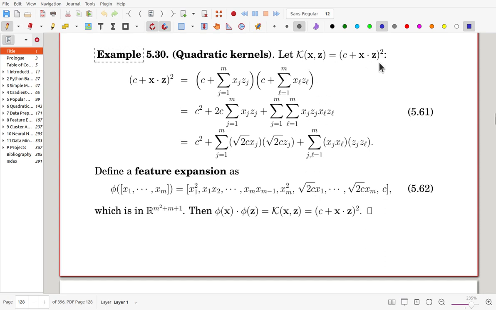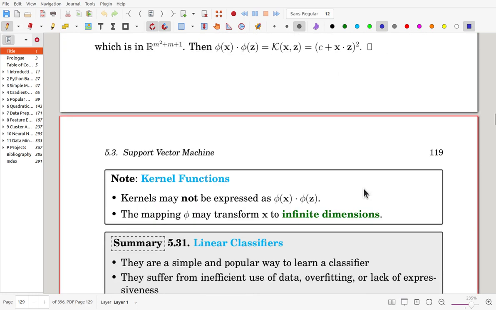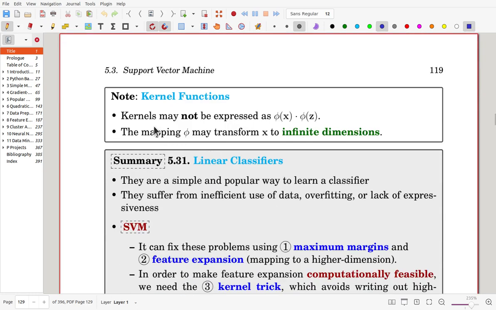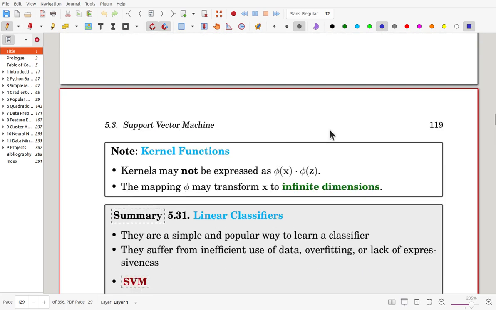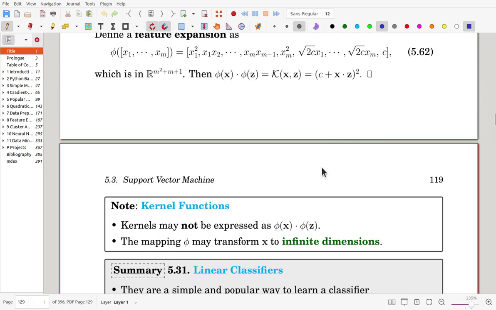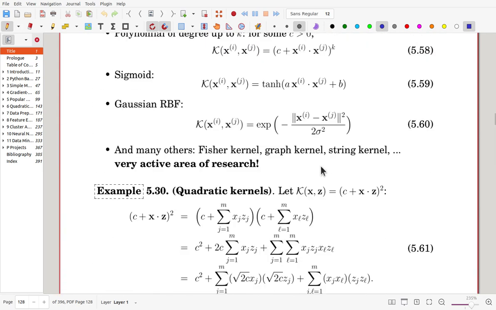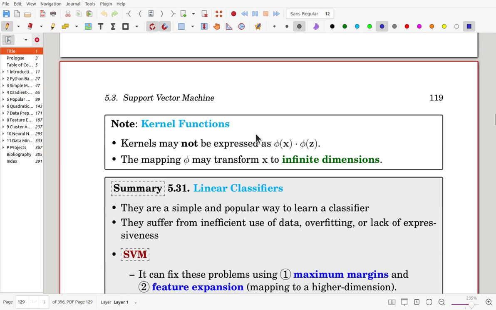It is simple. However, if you try to do the explicit expansion, then it can be very complicated. Some kernel functions may not be expressed as a dot product of phi like this. For example, the Gaussian kernel cannot be expressed as this dot product.